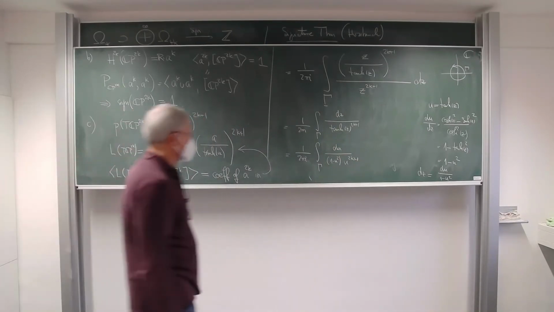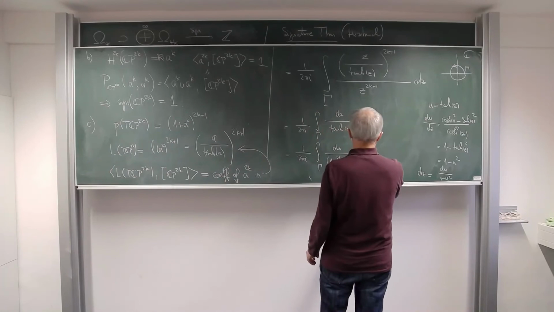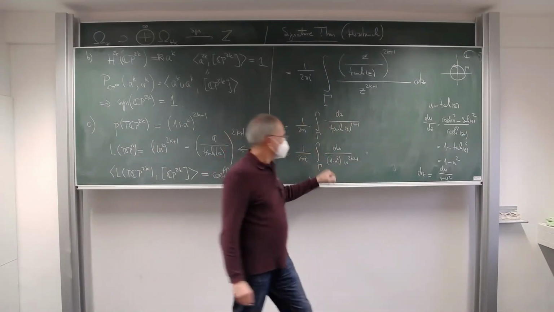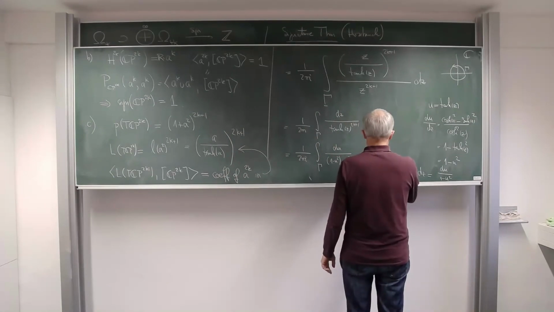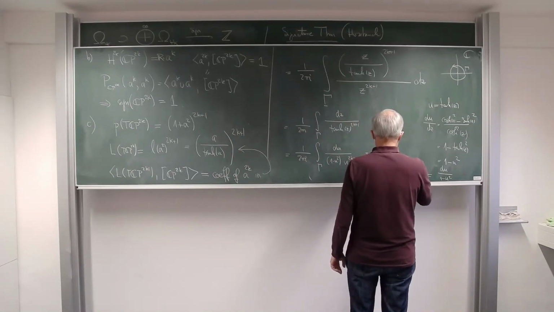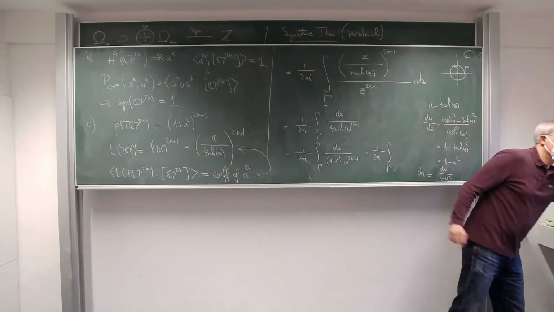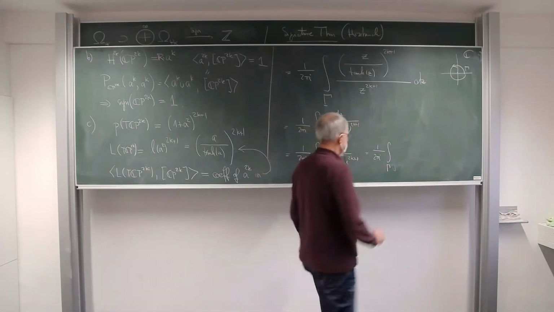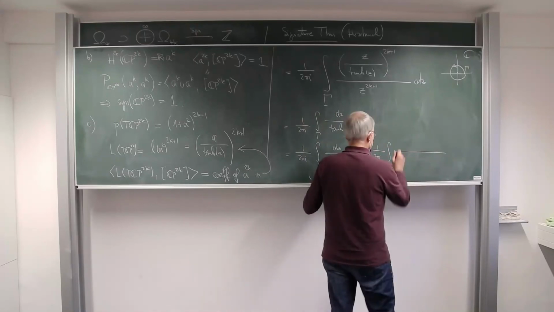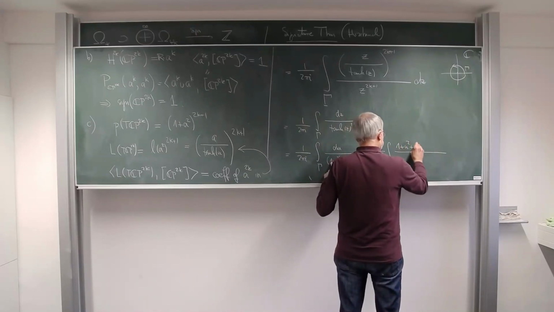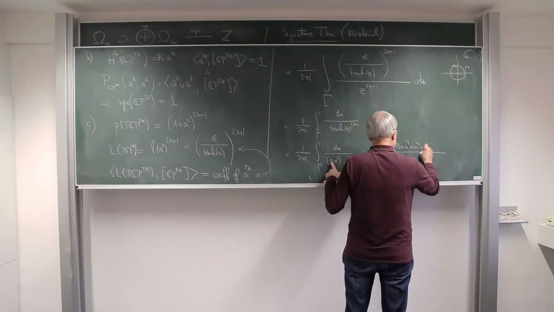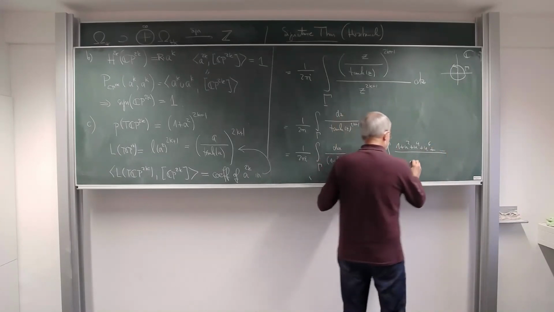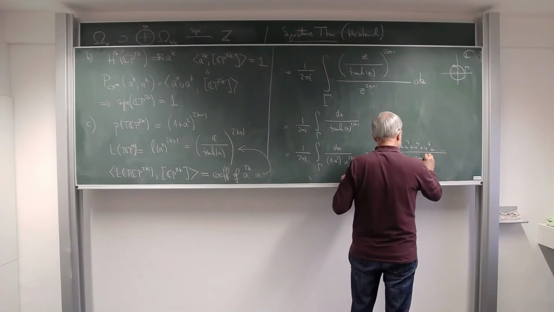Now that's much easier because I can simply expand this in a geometric series. So I do this. I'm just expanding 1 over 1 minus u squared in a geometric series. Then this gives me 1 plus u squared plus u to the fourth plus u to the sixth, and so on. And this I leave unchanged. du.